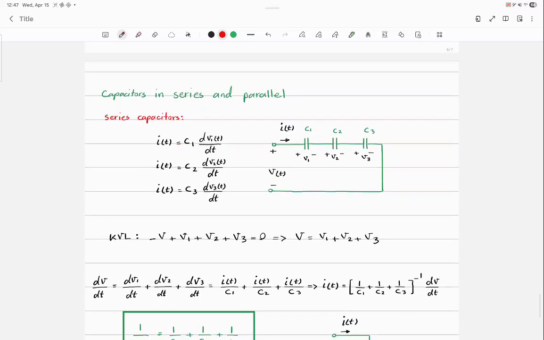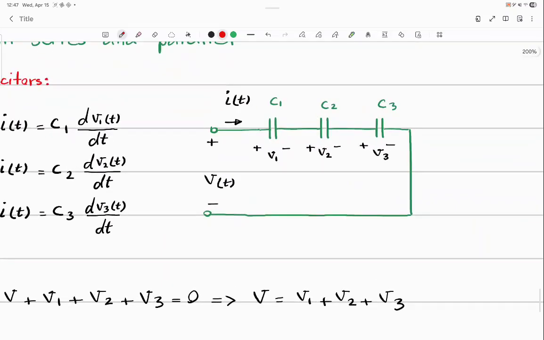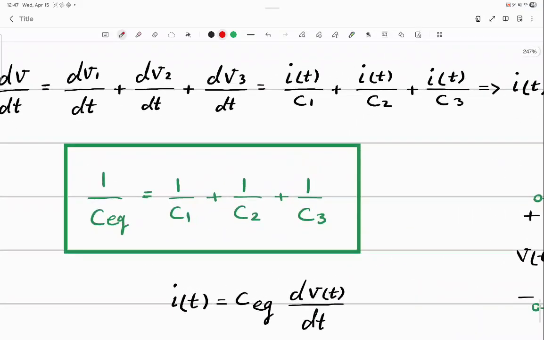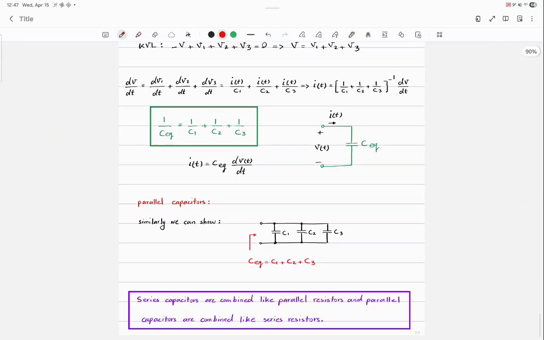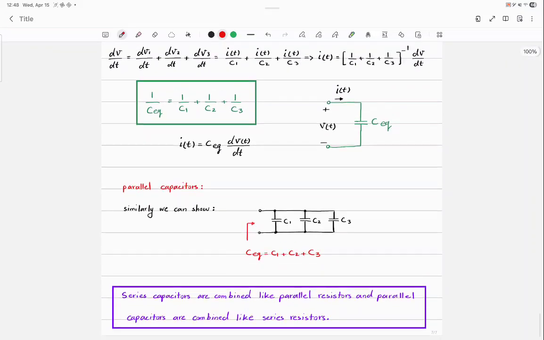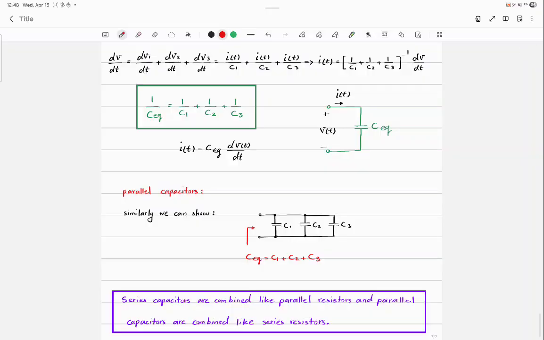So if you have C1, C2, C3 in series, this is how you combine them. Look familiar? The parallel resistors. And if they are in parallel, how do you combine them? Just add them. Exactly like series resistors. Okay? Any problem?